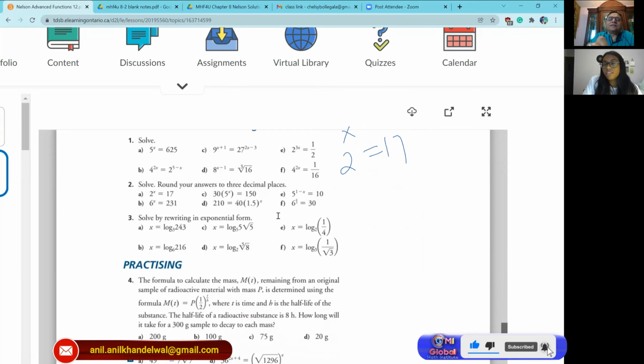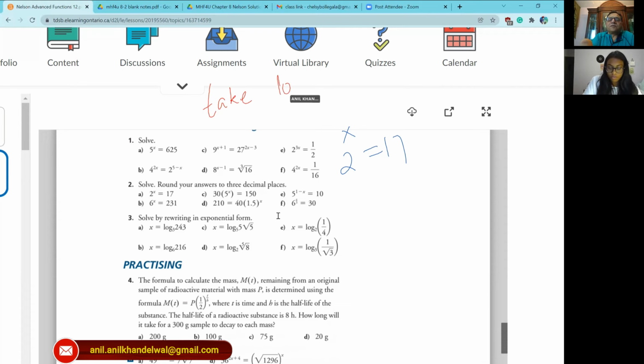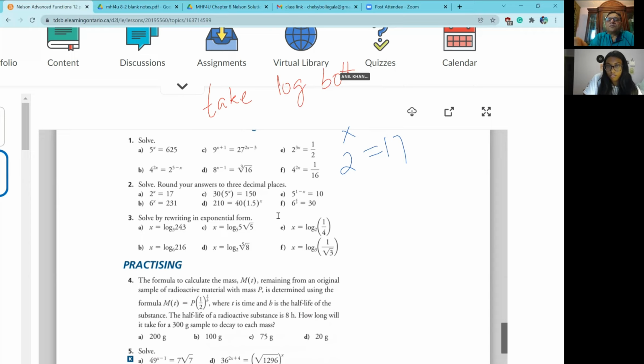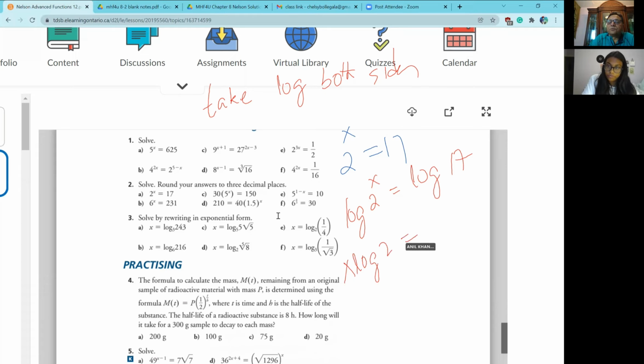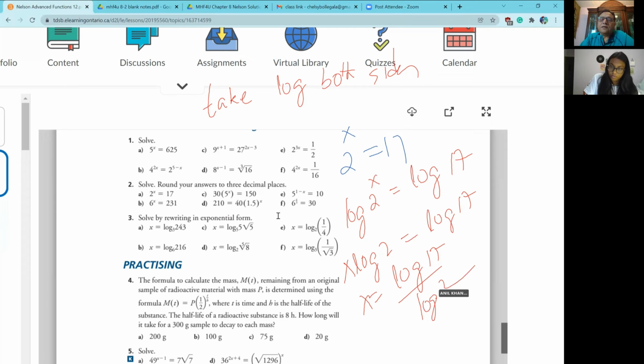So we have log of 17, base 10 we have taken. So this is x log 2 equals log of 17, which you can calculate. So x is equal to log of 17 divided by log of 2, correct? Done.